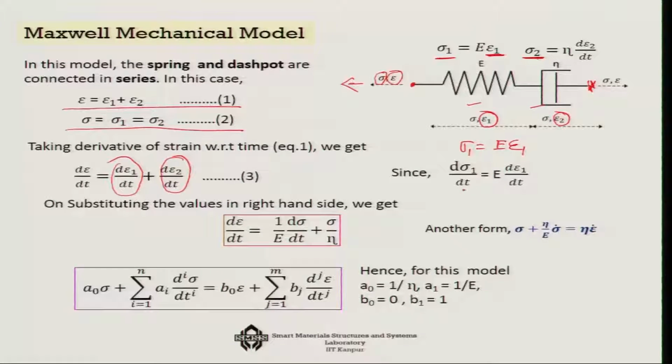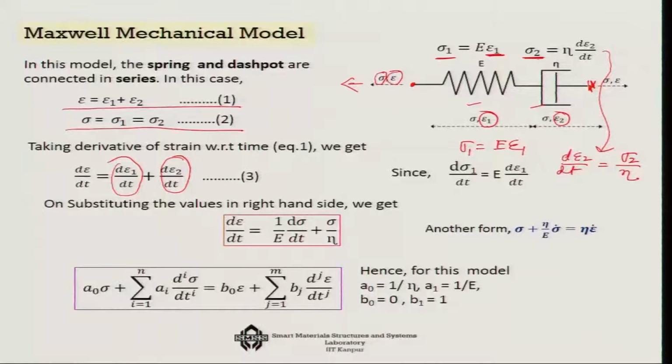So d sigma 1 dt is E d epsilon 1 dt. That is something that we know, and for the other one, d epsilon 2 dt, we can use this model.